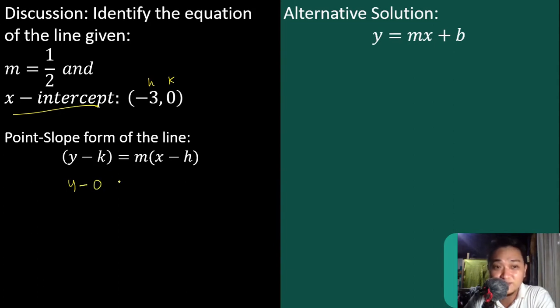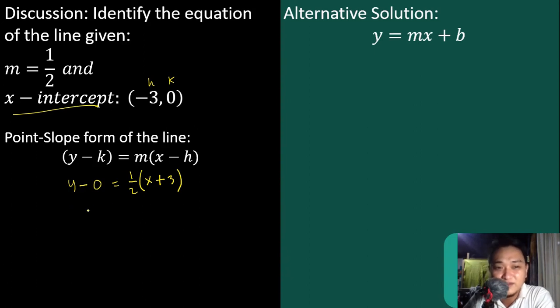That is 0. It's equivalent to, our slope is 1 half, then x minus, what is our h? Our h is -3. Immediately, we could write here positive 3. Why? For those asking, negative times negative is positive. So immediately write 3.